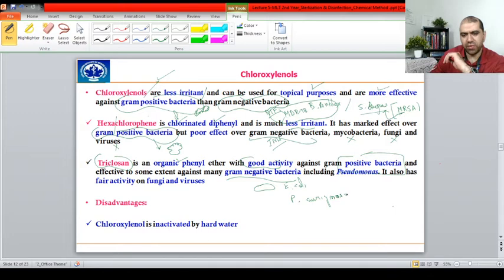Another example of gram-negative bacteria is those which are comma-shaped, for example Vibrio cholerae, which causes cholera in humans. Another comma-shaped bacteria has some flagella around it. It is present in your stomach, and it causes gastritis.